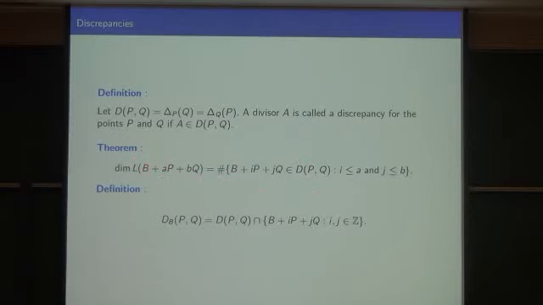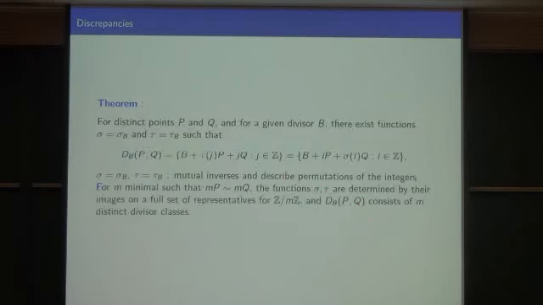And the notation here, so we want to think about the divisor that has this form, so we give a DBPQ. Right? So how do we know what DPQ is? We need to know what the DPQ is. So for distinct points, suppose we know what DPQ is, we could think about two functions, sigma and tau.